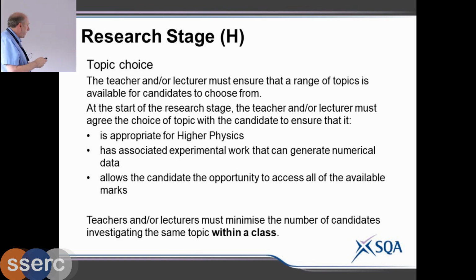In terms of numbers, they can work in groups of up to 4, and what we've said is within a class you must minimize the number doing the same thing. So if you've got a class of 20, my advice would be have 5 different topics and make sure each group works on something different.